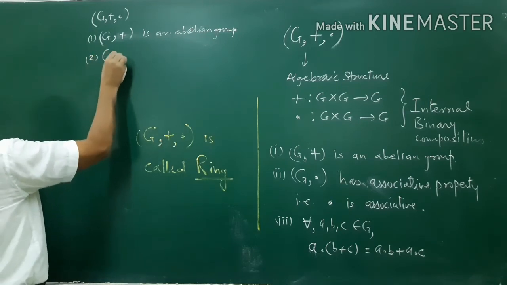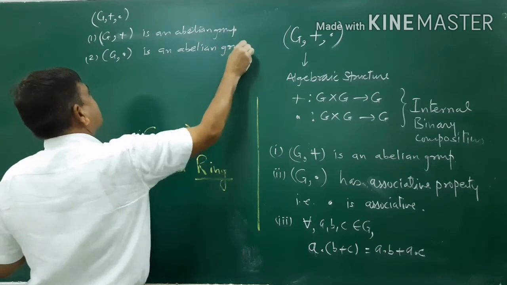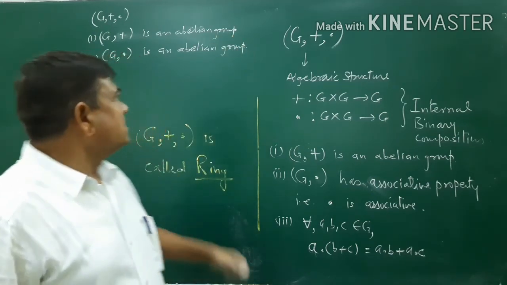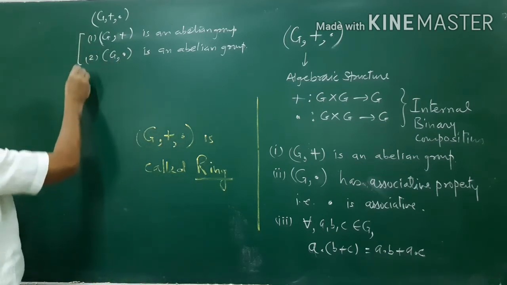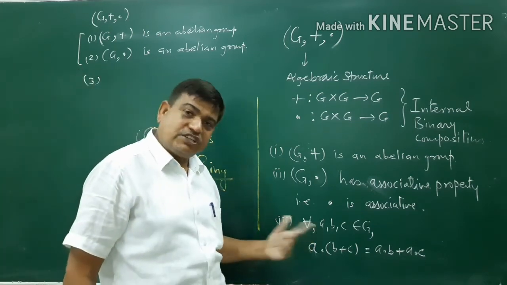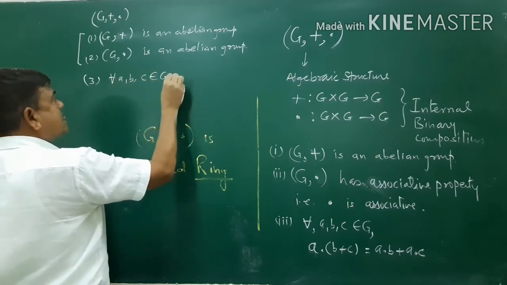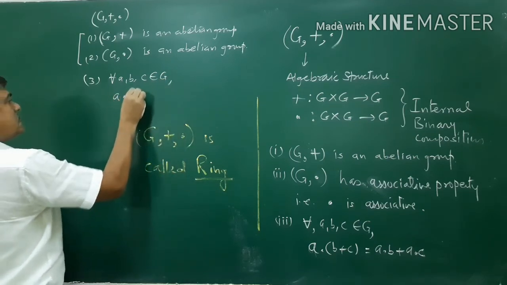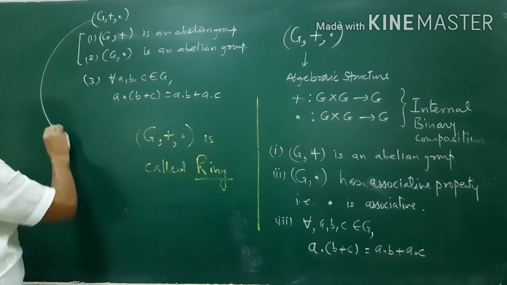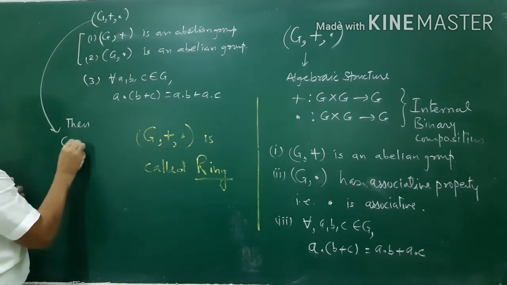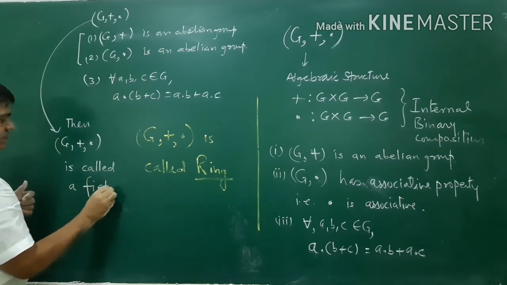Second, abelian group with respect to multiplication, and third, as usual, the distributive property. Then G is called a field.